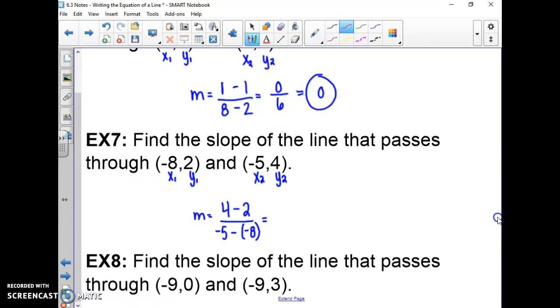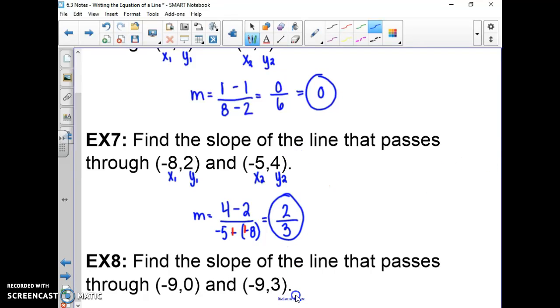Whenever we have this minus a negative 8 here, we have to change those both to positives. So we will have 4 minus 2 is 2, and negative 5 plus 8 is 3. So we get a slope of 2/3 for this line.